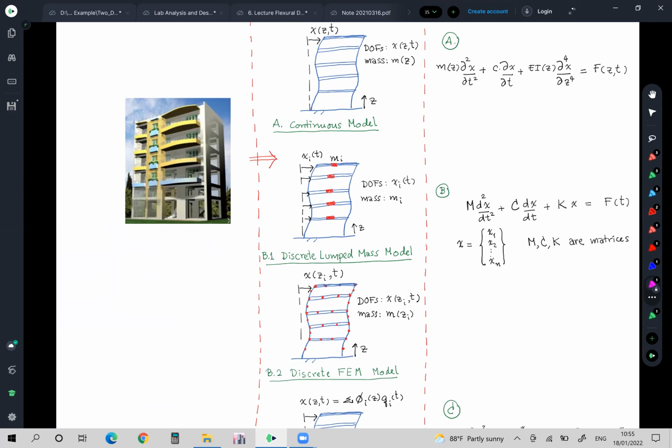Solving those equations is maybe your discussion with Dr. Chatpan.